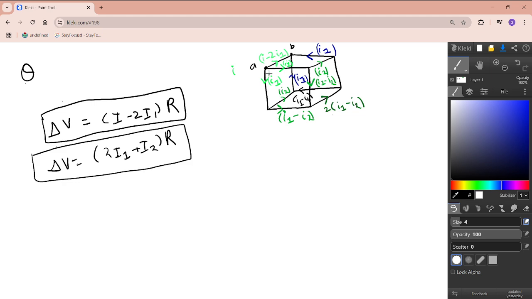So a third path that we can go is this, going below and then to the side and remaining on the edge and going up. If we go through this path, the change in potential will be I1 plus I1 plus 2I1 plus 4I1.